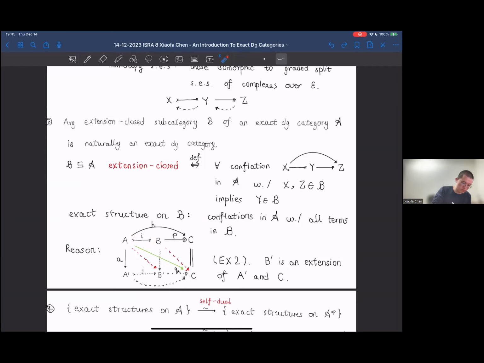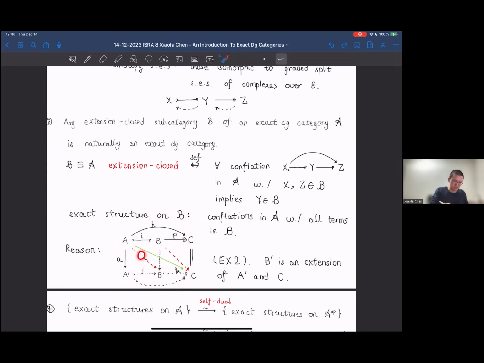We have this, and this is an inflation in A, and this is a morphism. Then, as in the ordinary category case, we have another three-term homotopy complex here, and a morphism between these two homotopy complexes, where this is the identity, and this square is a homotopy pullback.